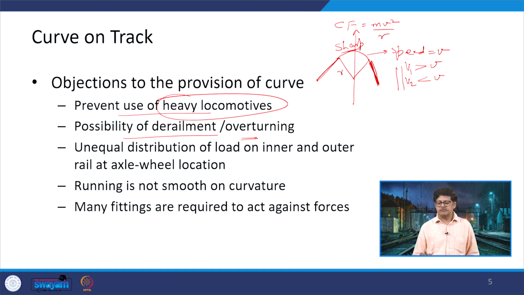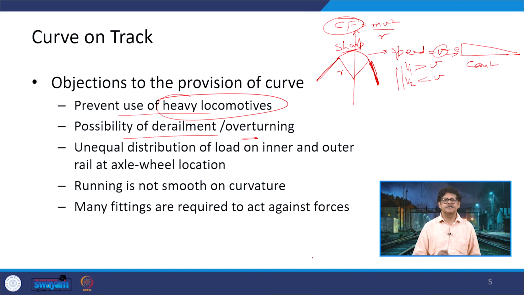In one case, if we have provided this curve, so as to counteract the centrifugal force, what we do is provide a super elevation like this, which can also be termed as cant. Now, for a speed v, if this cant is provided and the speeds are more than that, it means this is not going to be sufficient.